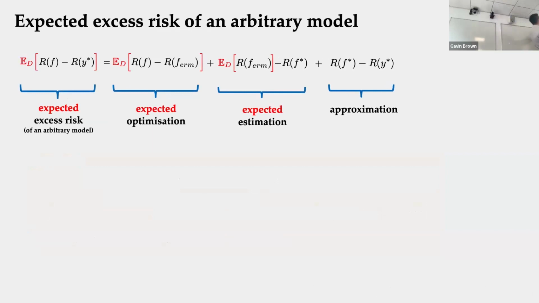We get an expected optimization error and an expected estimation error. This last term is independent of the expectation, the averaging over training sets, because there's no training involved in this F-star, because it's just the hypothetical best model in the model family. Any questions at this point?